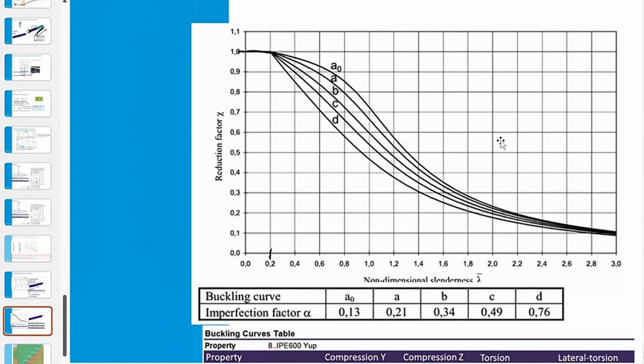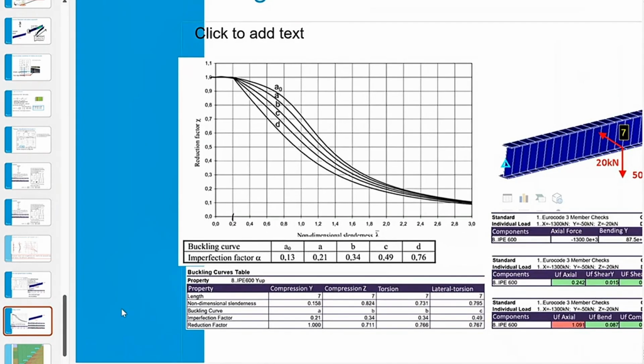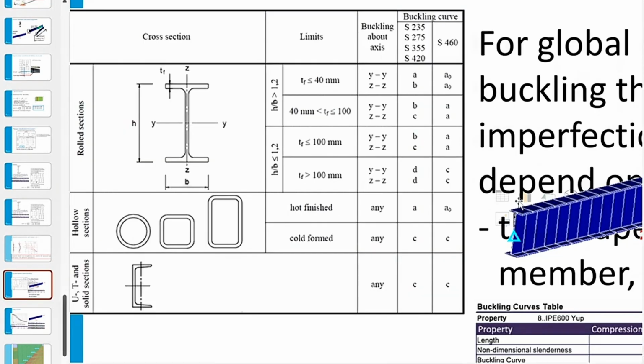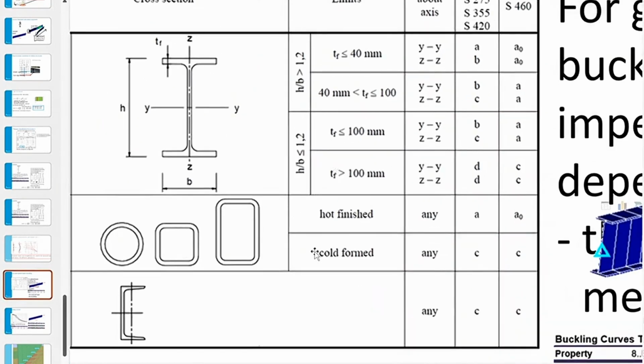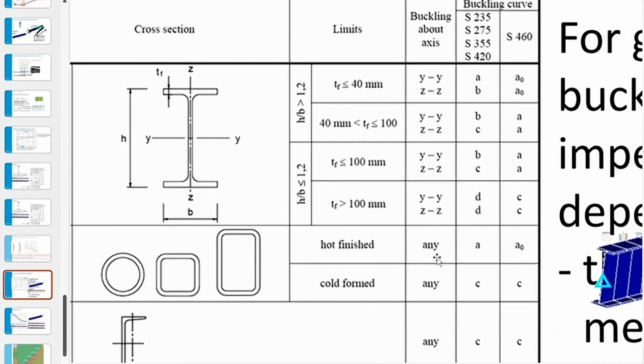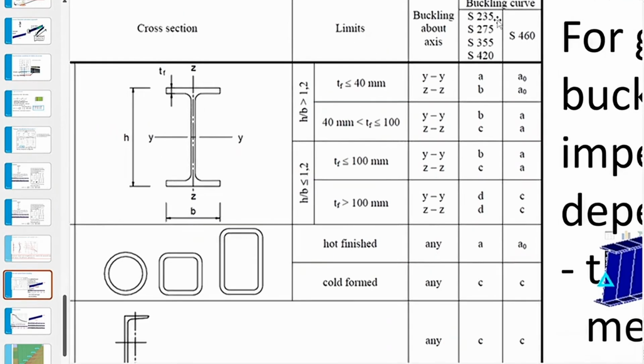Depending on whether it is cold formed or hot finished, I have a different reduction factor, because that basically has to do with the tolerance, how I can build it. And you can also see that for higher grade steels, the impact of the tolerance is relatively small.